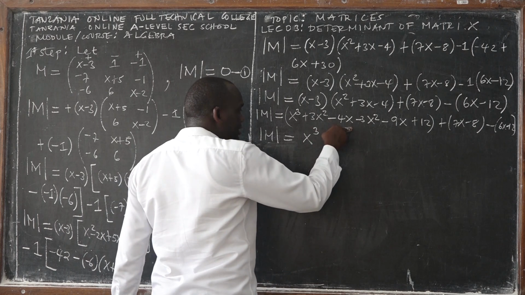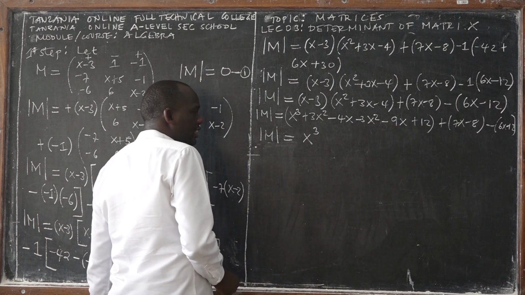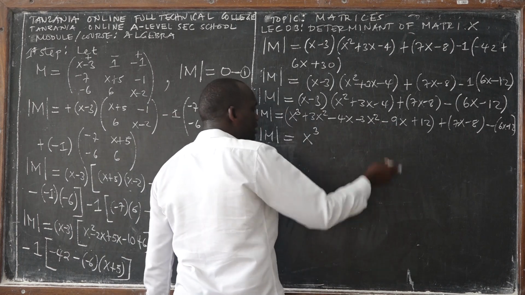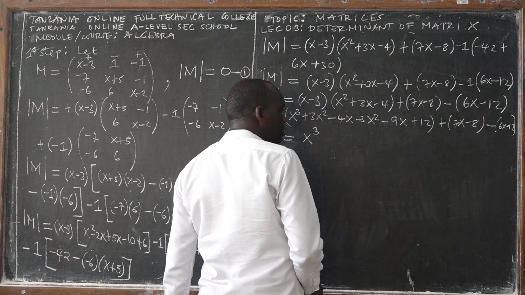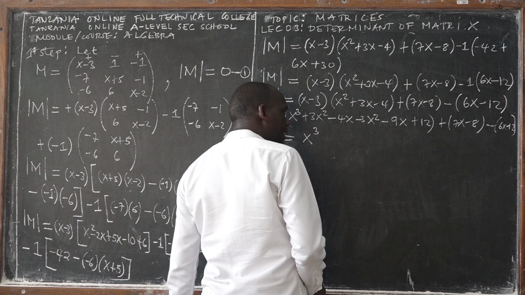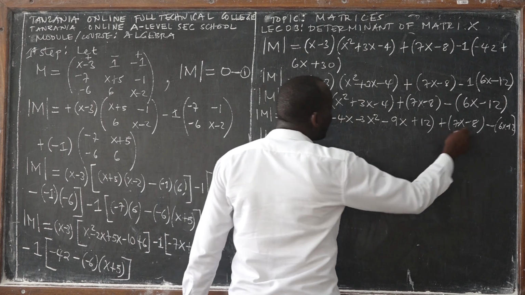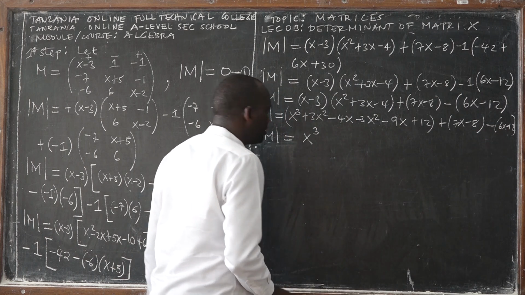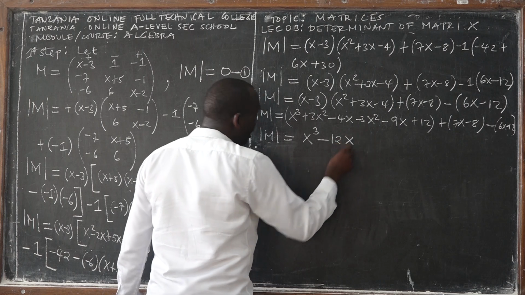Then negative 4x minus 9x is negative 13x. Negative 13x plus 7x is negative 6x. Negative 6x minus 6x is negative 12x.